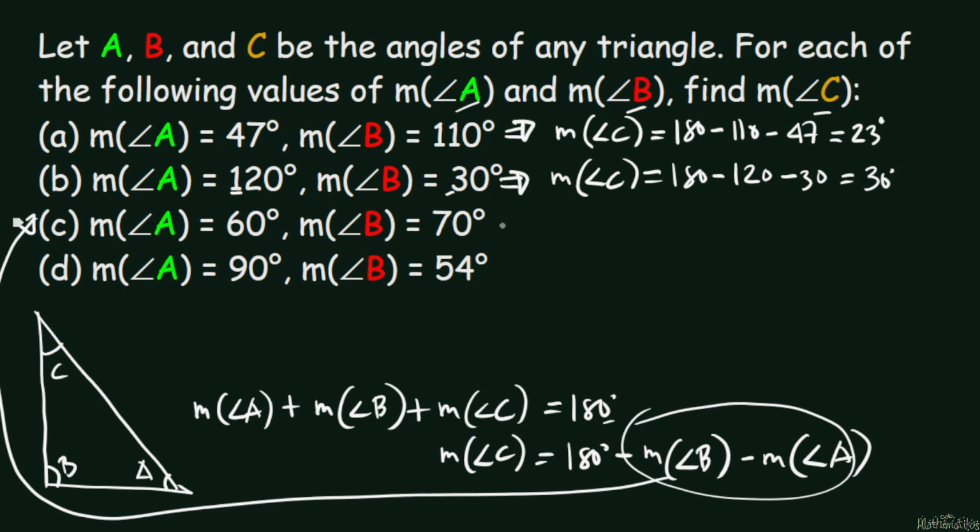And letter C, our angle C here is equal to 180 degrees minus 70 degrees minus 60 degrees, which is equal to 50 degrees.